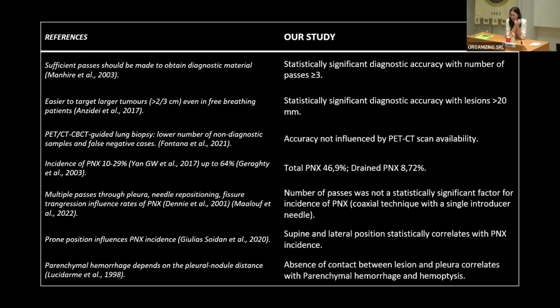The same happens when the lesion is bigger than 20 millimeters. And I would like to point out the 5th row, where we can see that pneumothorax is not influenced by the number of samples because we use this coaxial technique with the introducing needle.